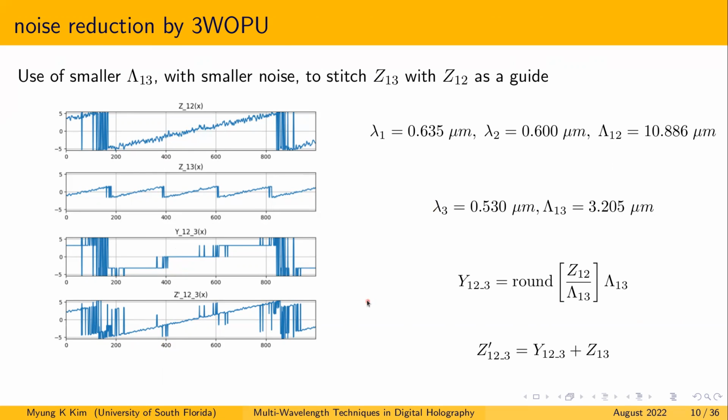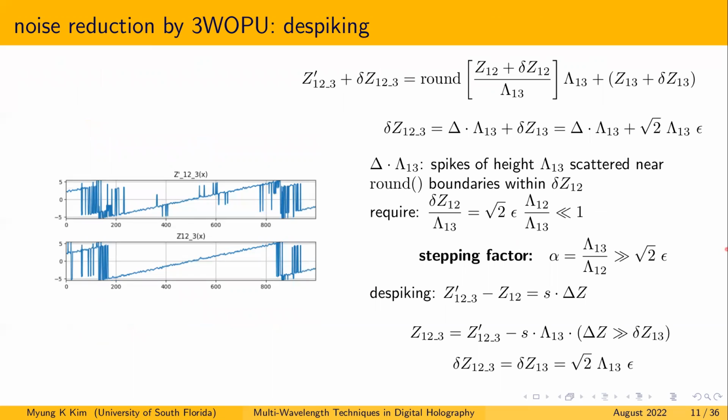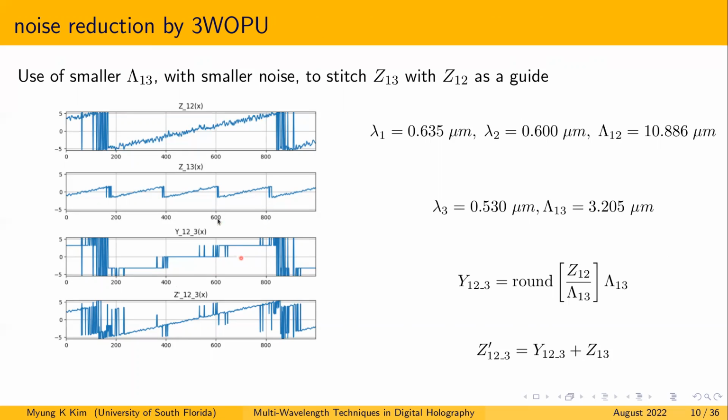The spikes can be removed by comparing Z12 and this Z'. And if the difference is larger than some fraction of λ13, then λ13 is added or subtracted depending on the sign.